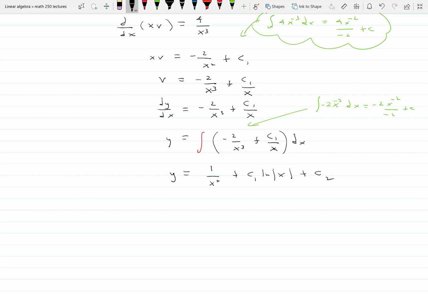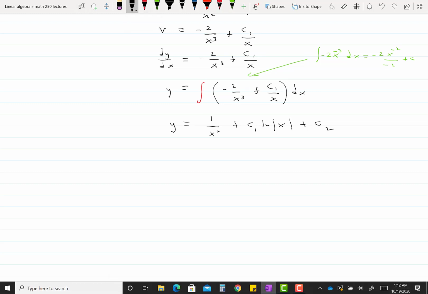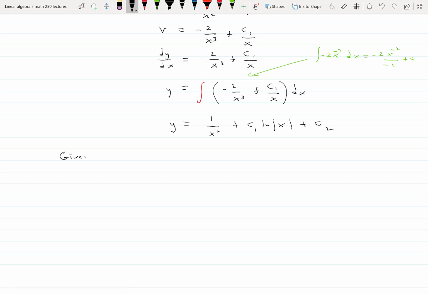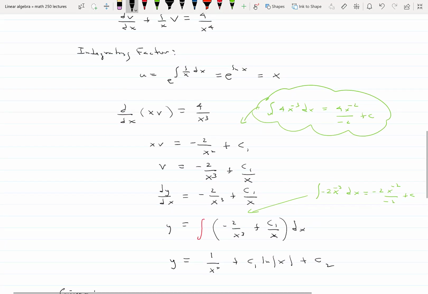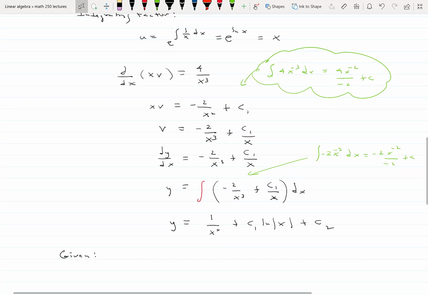Okay, so the idea for this particular differential equation, your author doesn't summarize this very nicely, but I will. We were given our differential equation involved y double prime, y prime, and x.